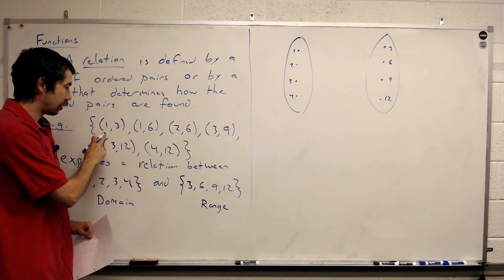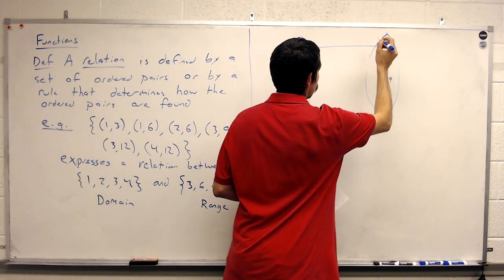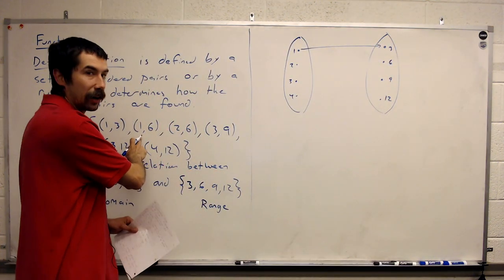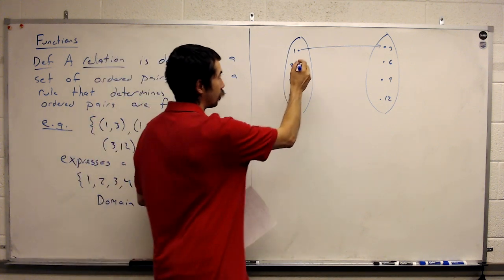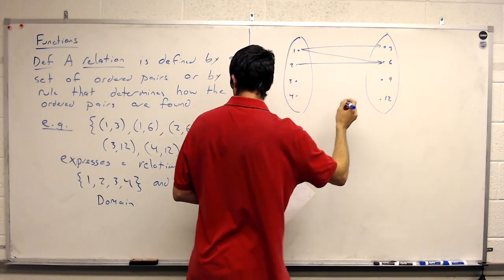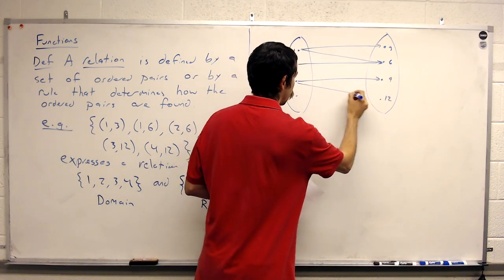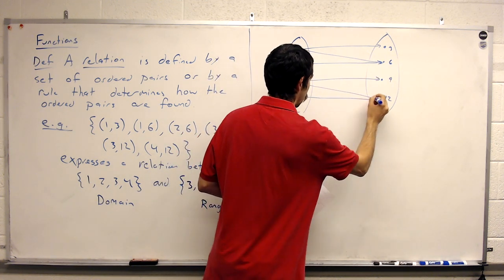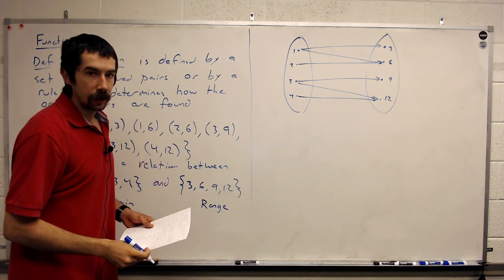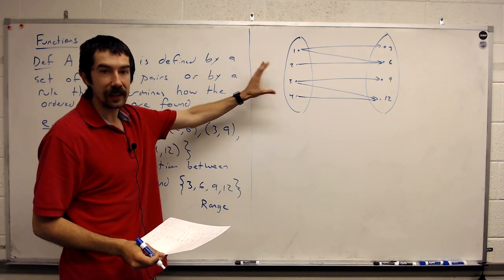So for instance, this ordered pair (1, 3), we're going to have an arrow from 1 to 3. We'll have an arrow from 1 to 6. 2 to 6. 3 to 9. 3 to 12, and 4 to 12. So this is a way to visualize the set of ordered pairs.